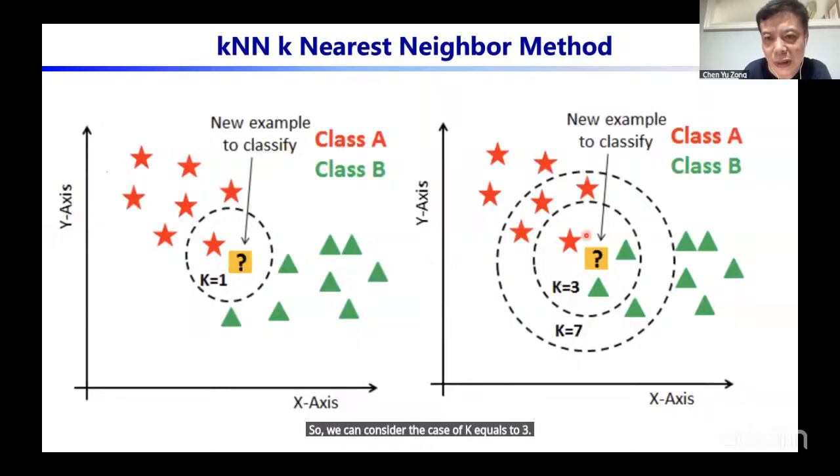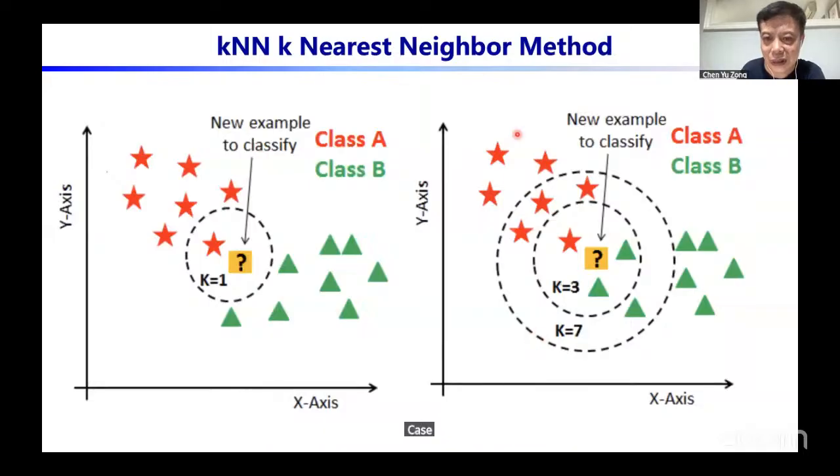You can see the figure on the right-hand side. If we consider k equals 3, that means we look at the 3 neighbors, and we can see that we have more opportunity to find the green ones rather than the red stars. In this case, we should assign the sample with the question mark as the green one rather than the red one. Or else we could consider the k equals 7 case.